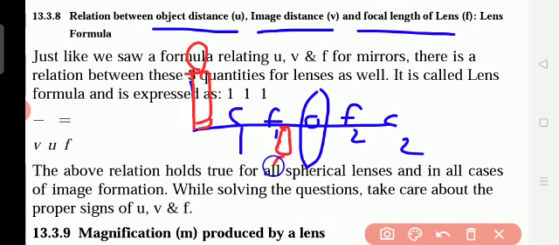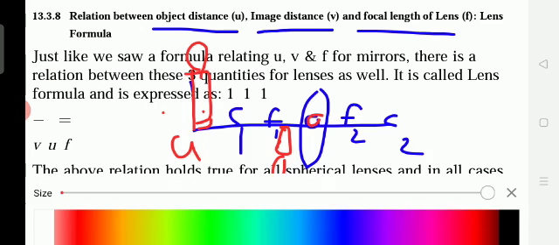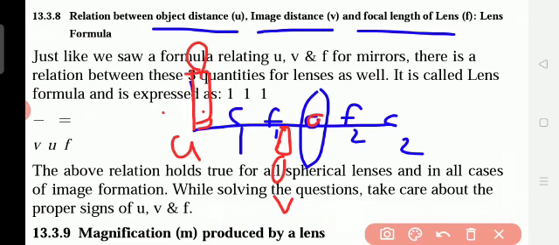We are able to see it here. So this is the object distance u and the image distance v. All the distances are measured from O, the optical center. From the object to the optical center is u, from the image to the optical center is small v, and the focal length of the lens is small f.